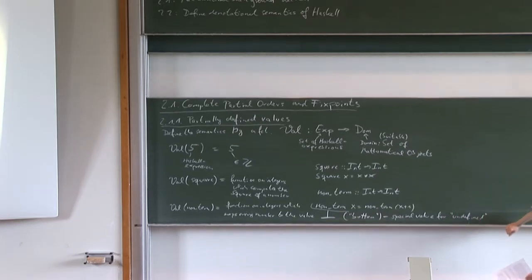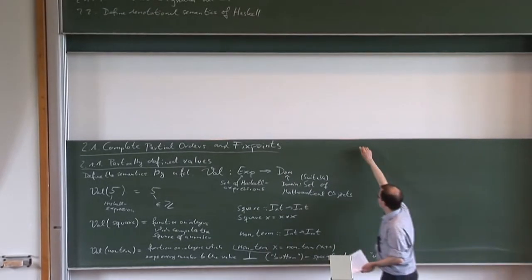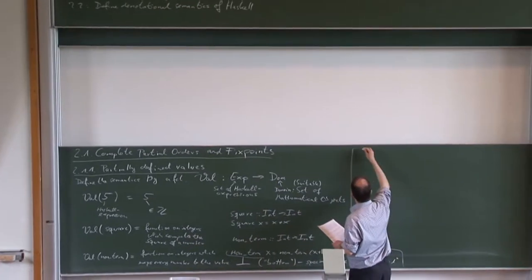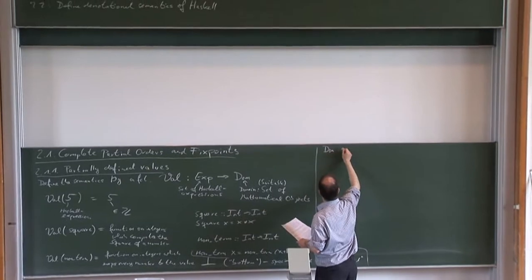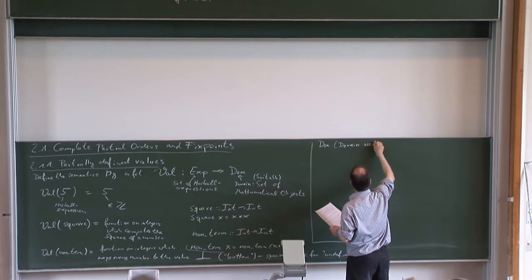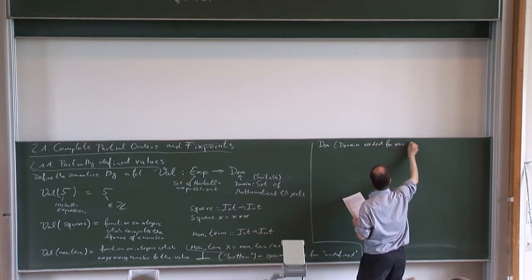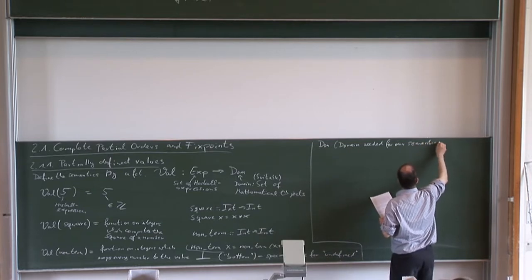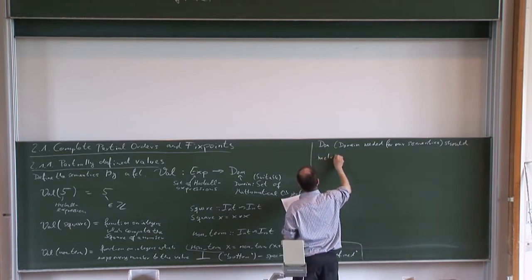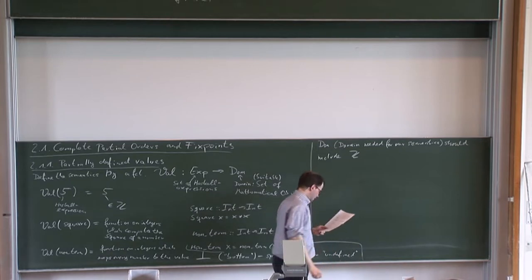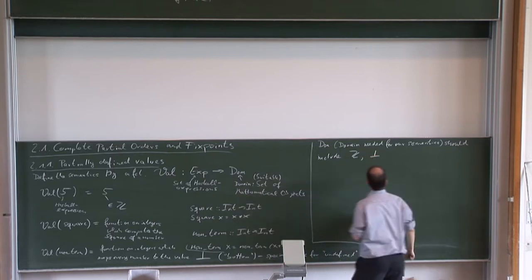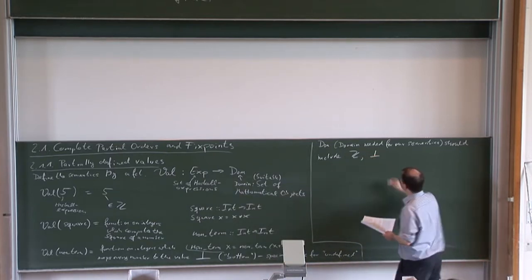So if we think about the domain, about what mathematical objects we need, the domain needed for our semantics should therefore include things like the integer numbers, but also values like bottom for undefined.